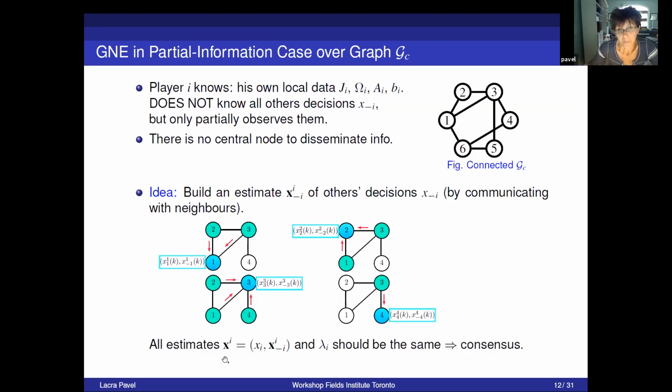And all these estimates then are going to be appended to their own decision, and each variable that each player is going to have is going to be essentially this bold X superscript i, which should be basically the same, because this represents the profile of all agents' actions. At the same time, each player is going to be endowed with a multiplier lambda i that should also be the same, so that they converge to a variational GNE. So the goal here is to achieve a consensus.